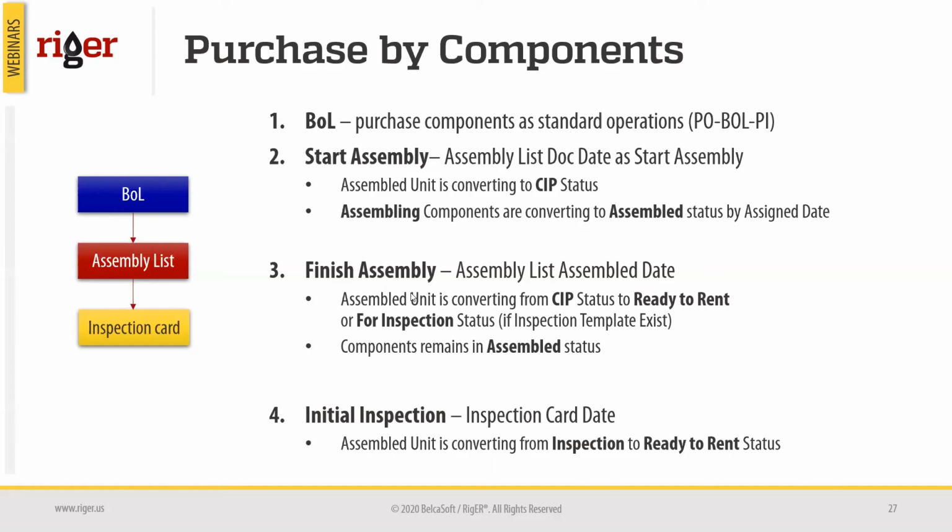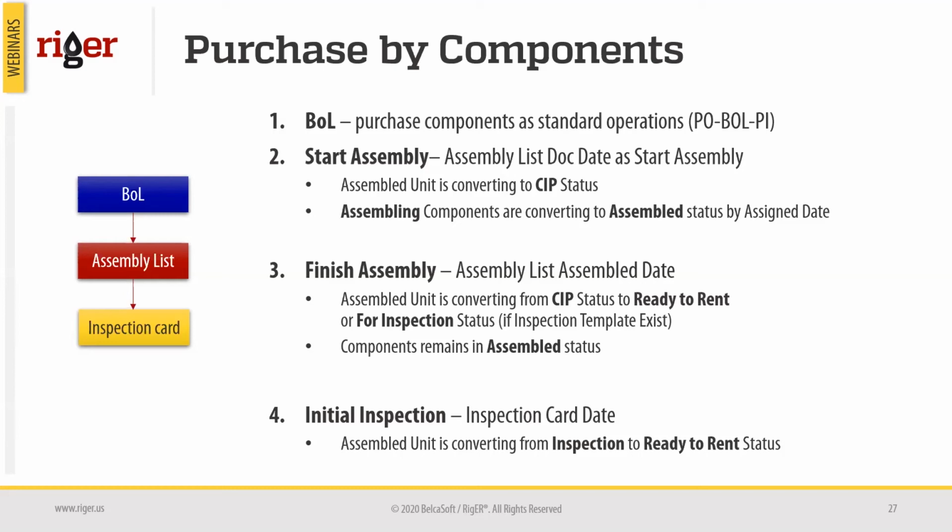And what's happening in this case? When we start the assembly, we decide that this unit will be in the system and it's already being built. And moreover, we are assigning particular components to this unit. So those components cannot be used for different assemblies, and we need to assign them when we start building.